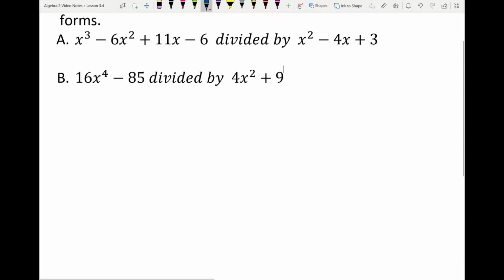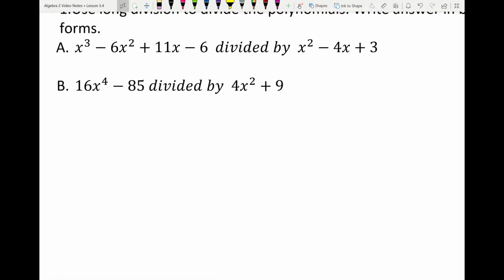All right, let's continue with part B. Just wanted to free myself of some room. So let's do 16x to the 4th. We're going to go straight to the division table, by the way. Notice that we're missing some powers here. We have 4, we're missing 3, 2, and 1, right? So we're going to write those powers out on the inside.